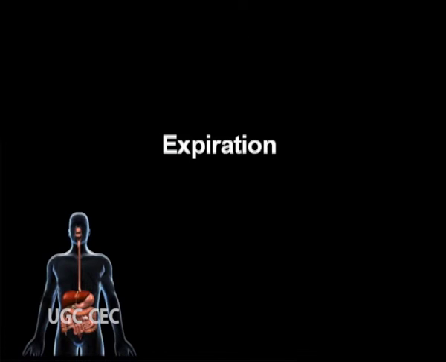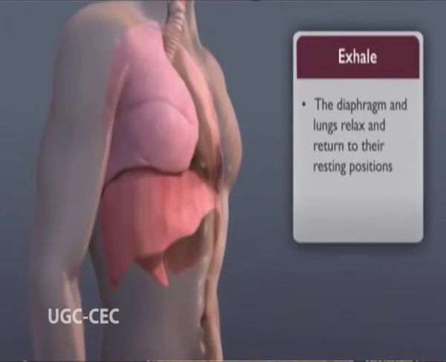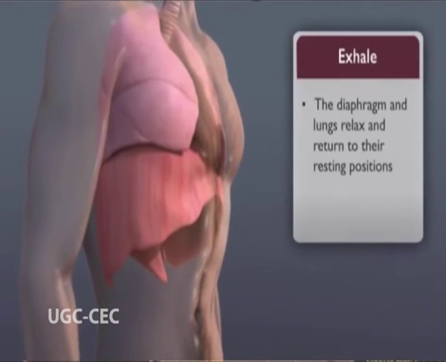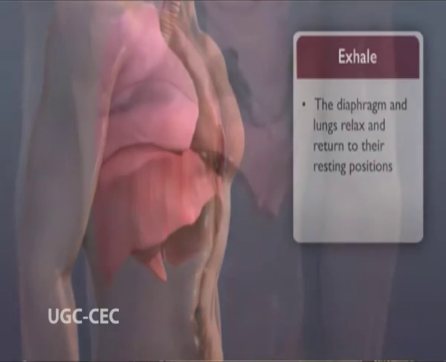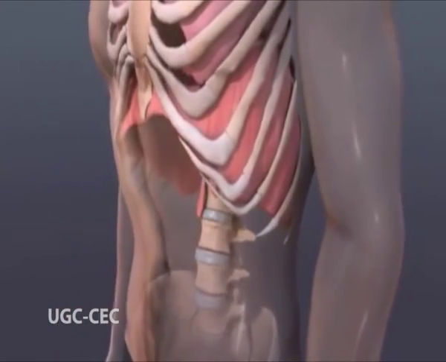Expiration. After the exchange of gases in the lungs, the air has to be expelled. This is called expiration or exhalation. In this process, the muscles attached to the ribs on their inner side contract and the diaphragm and the abdominal muscles relax.